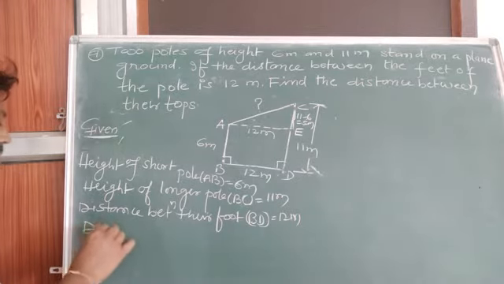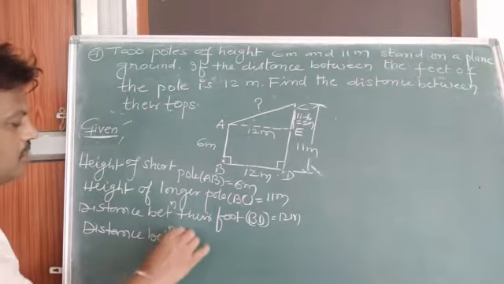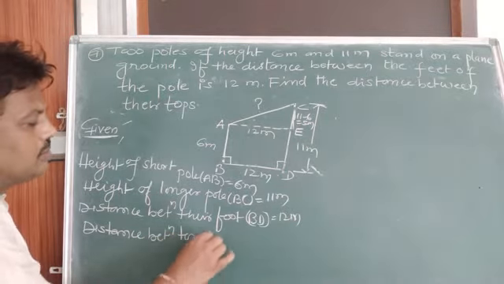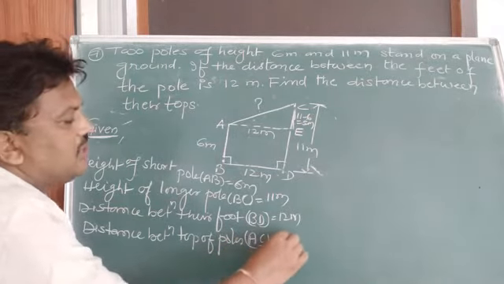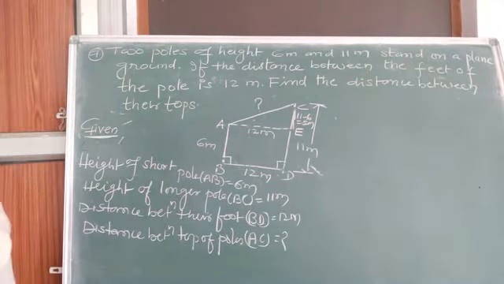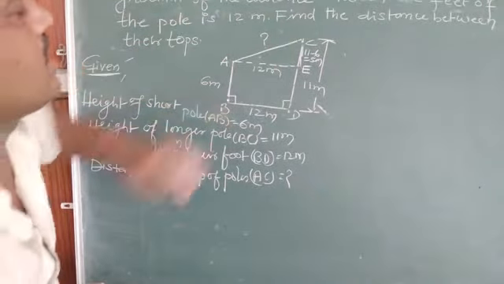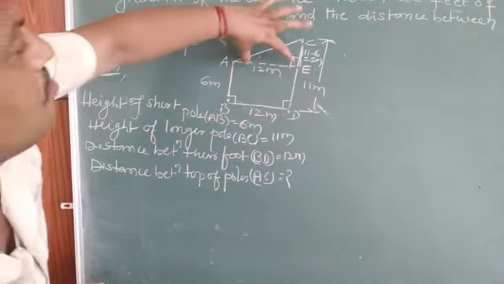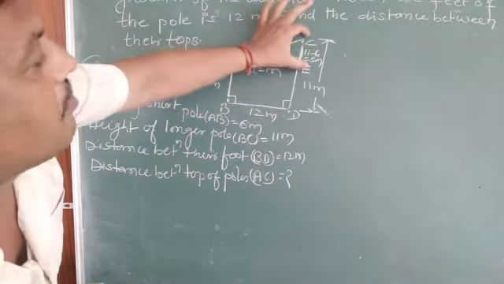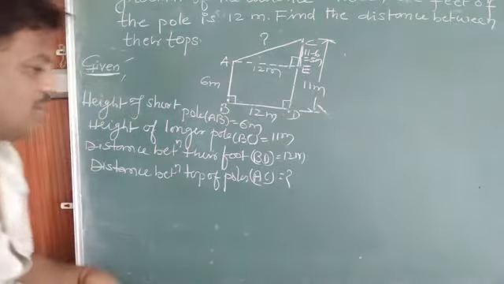Distance between the tops of poles, that is AC is equal to, you have to find out. Is it not very, very simple? See children, here is a right angle triangle. CEA is a right angle triangle. Base is 12 meter. Perpendicular is 5 meter. Simply we can find out by Pythagoras theorem.